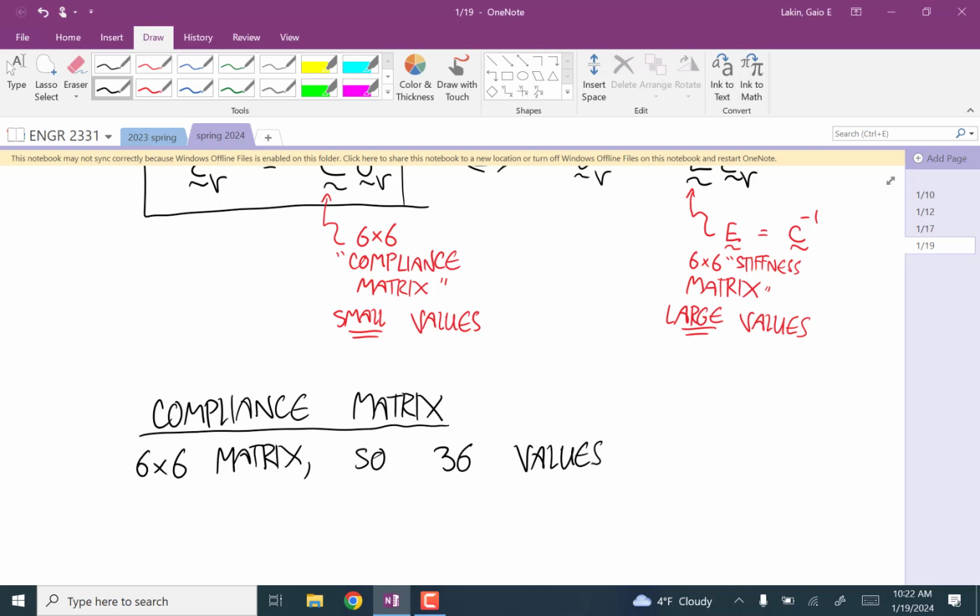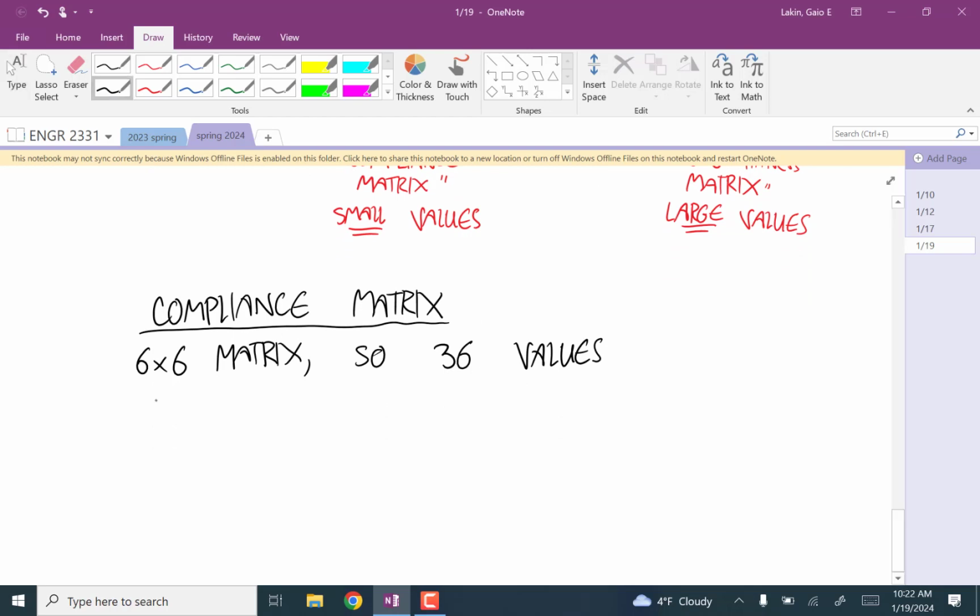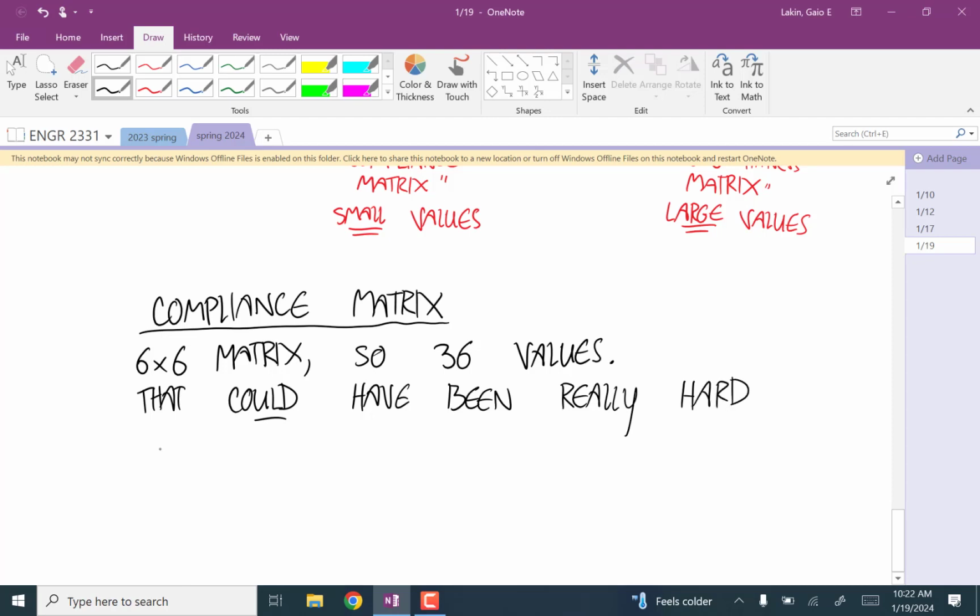Even though mathematically it's a thing, it might not be practical to do. Well, it turns out that could have been really hard to measure values for.